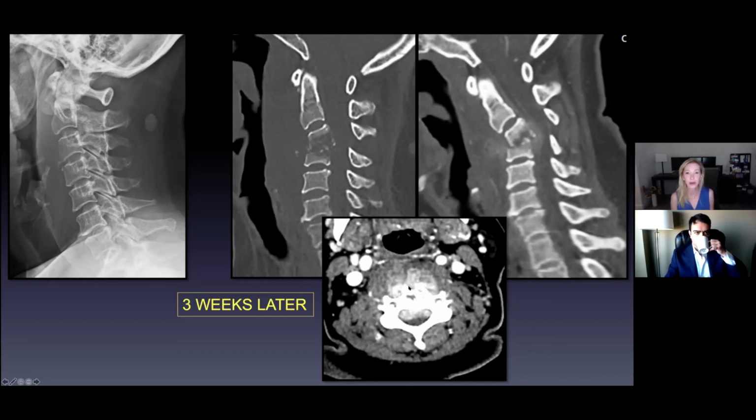They have a great algorithm, which I tried to institute at USC, that is a good way of approaching based on labs, exam, and imaging. It's done very quickly because a lot of these patients need to be treated quickly, either because they have deficits or because we need to do imaging and biopsy to see what the bug is immediately before they start antibiotics. And usually you want to start antibiotic treatment on these patients as soon as possible.